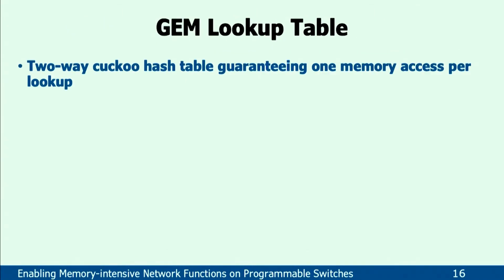To solve this problem, we designed the GEM lookup table data structure. GEM lookup table is a variant of a two-way cuckoo hash table. Although a standard cuckoo hash table requires at most 2 memory accesses for lookup, our lookup table guarantees a single memory access per lookup.